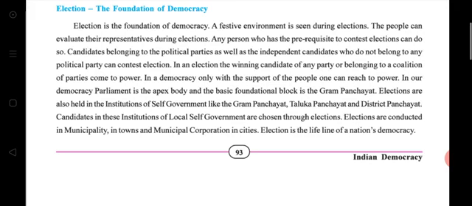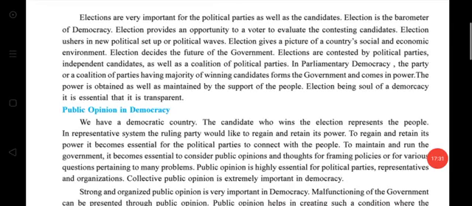Please underline this point. Election is the lifeline of the nation's democracy. This is important for the examination. Next point. Elections are very important for the political parties as well as candidates.